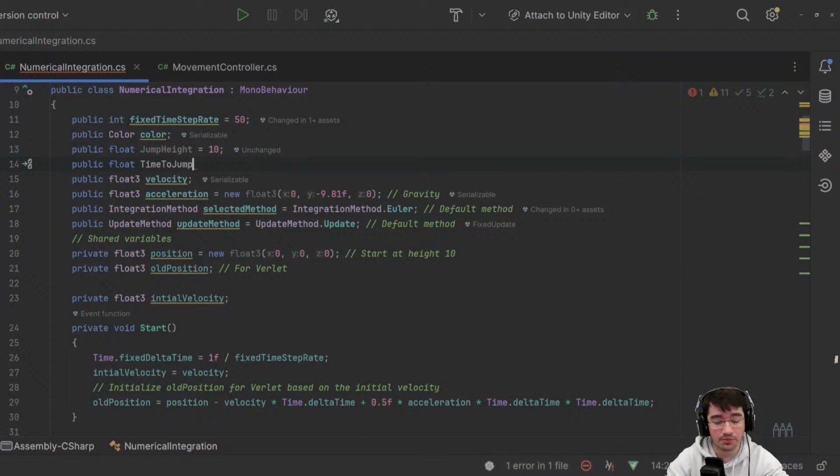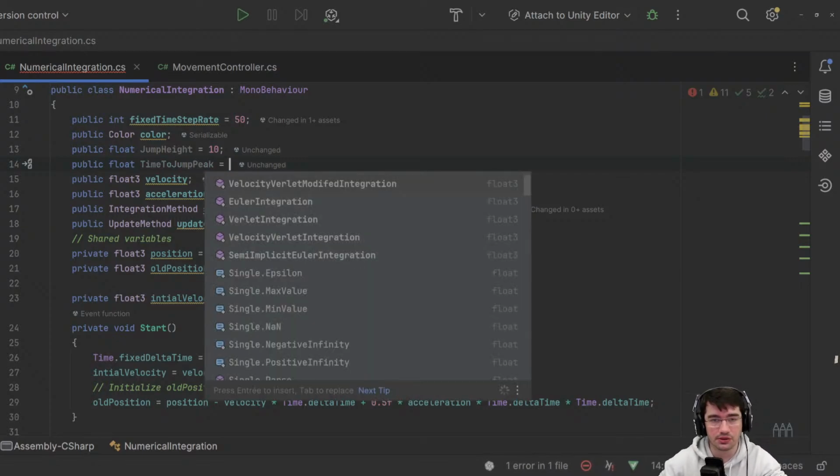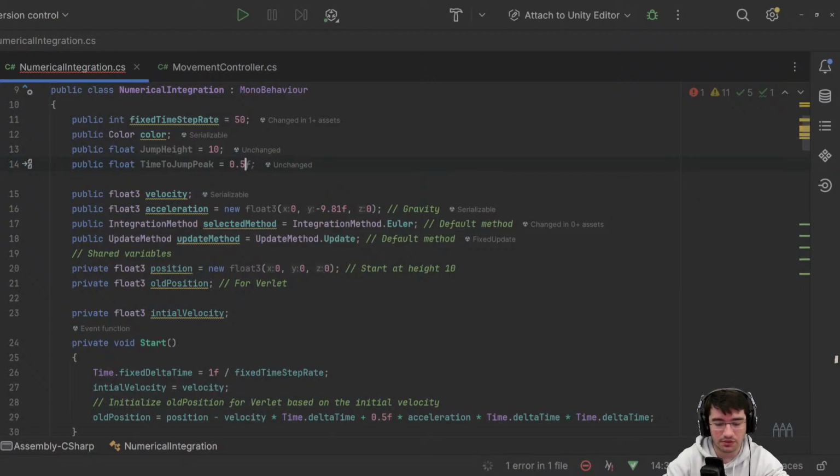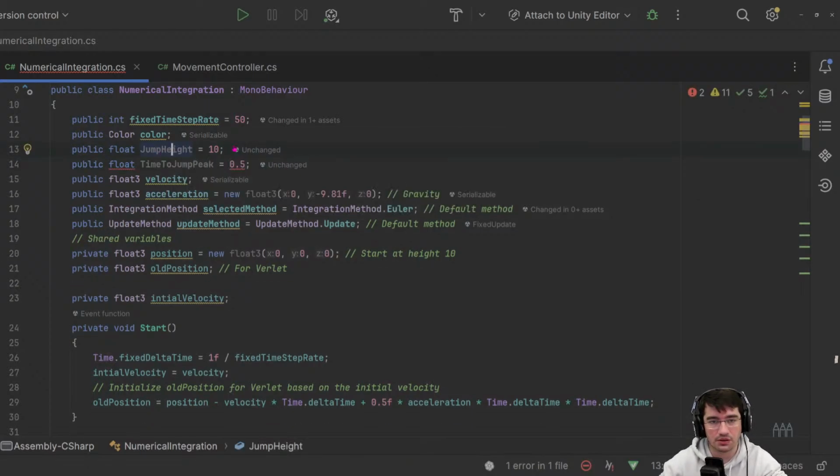Time to jump peak will be explicit, will be 0.5f.